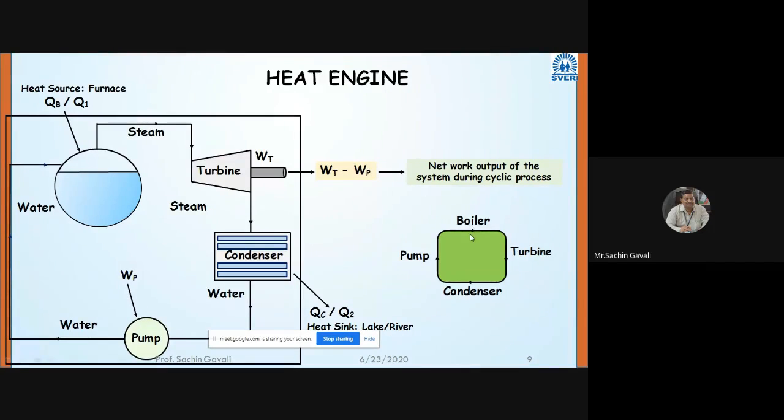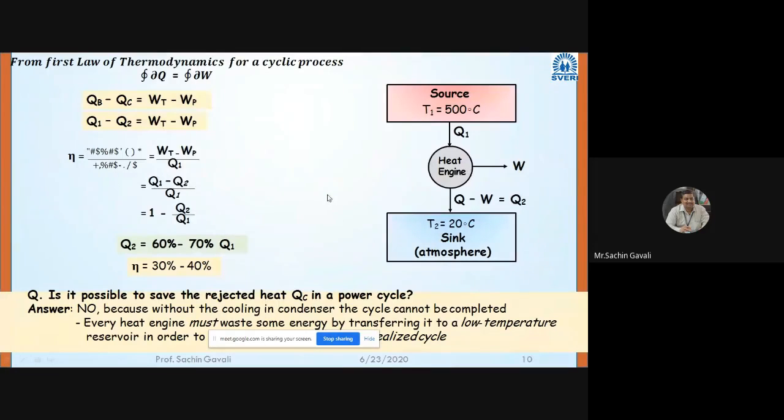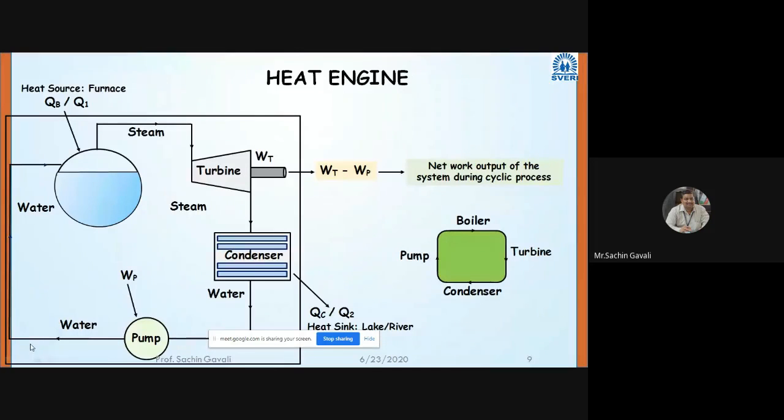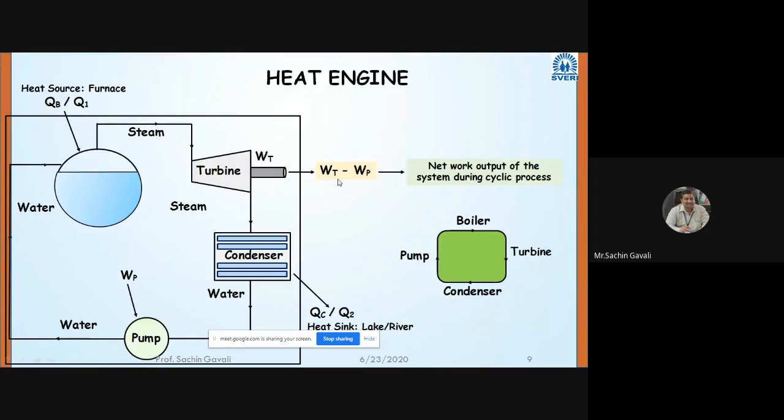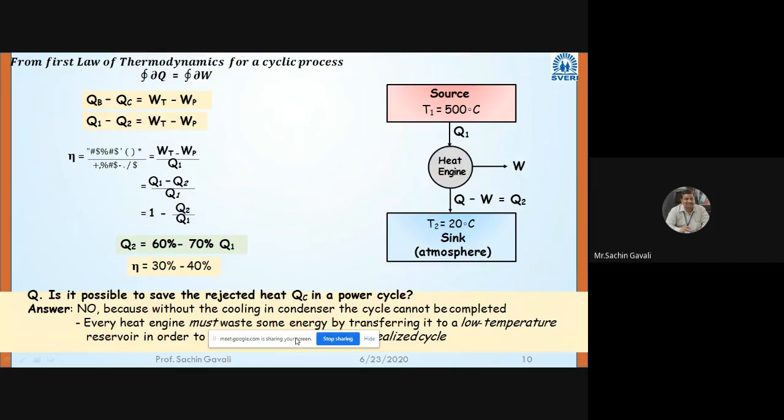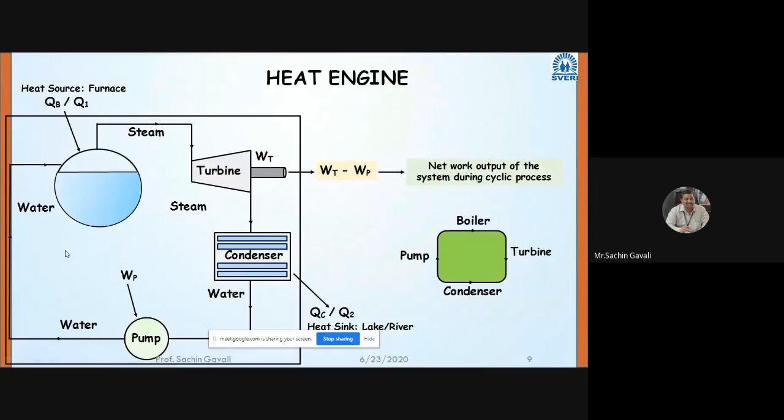The boiler acts as the heat source, the turbine as the work generating device, and the condenser as the sink, because here heat is rejected. And for the pump, some work has to be supplied. Therefore the net work will be the work generated by the turbine minus the pump work.